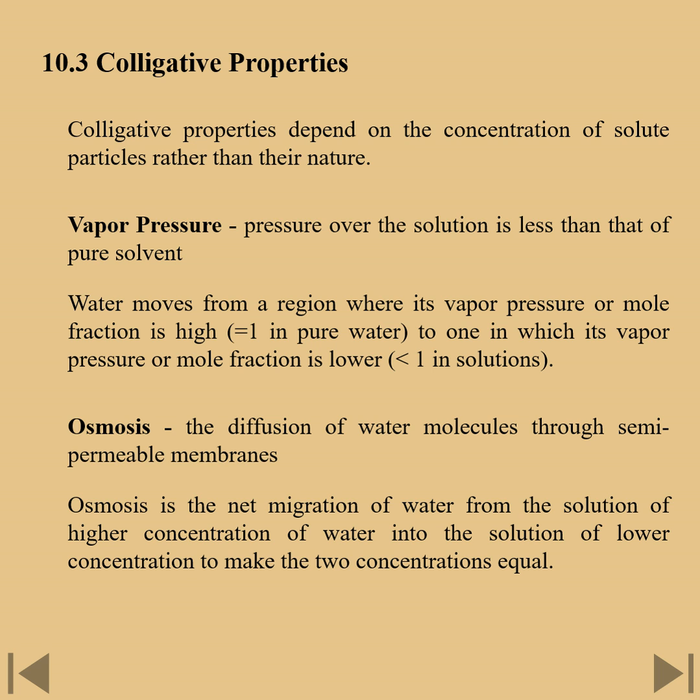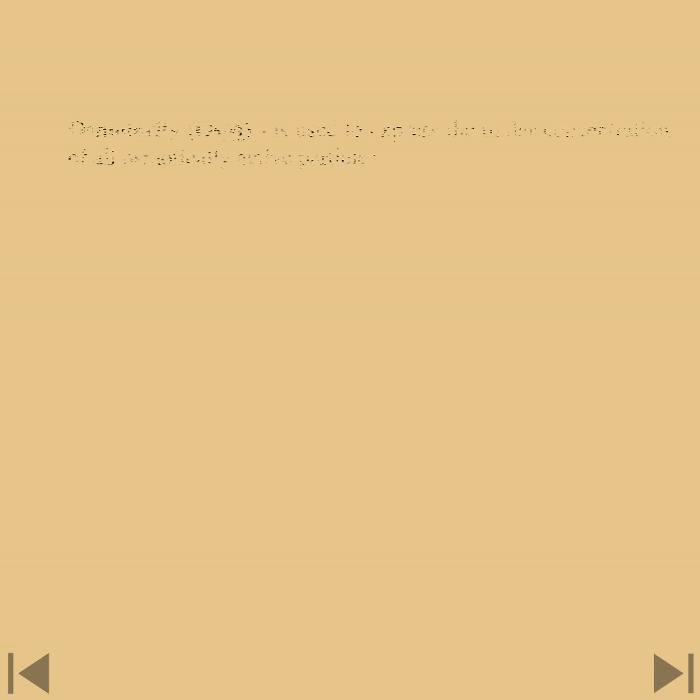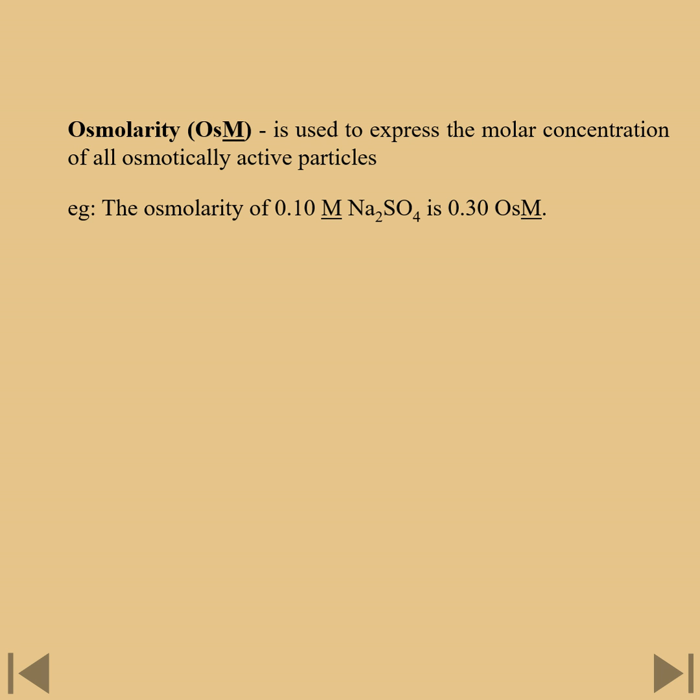Okay, now I'll introduce you to the term osmolarity, where osmolarity is simply the molarity concentration of the osmotically active particles. Osmotically active particles are the things that are going to go into solution as individual entities. Let me give you an example here.